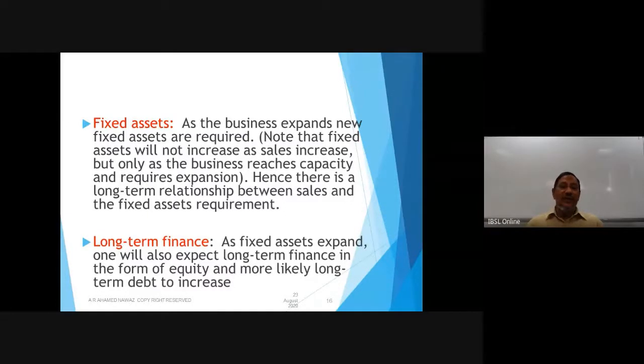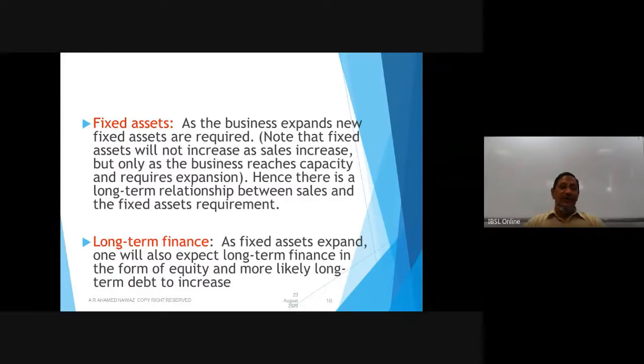When the fixed assets are expanded, long-term finance in the form of equity or, more likely, long-term debt has to increase. It has to be financed by a long-term mode: equity, that is shares, capital given by the customer, or long-term borrowing from the bank, not short-term finance.